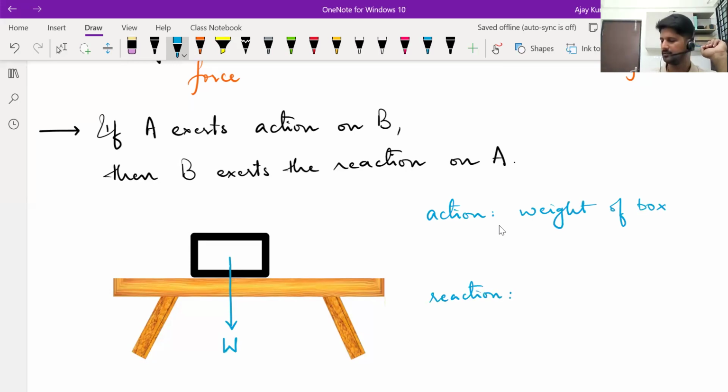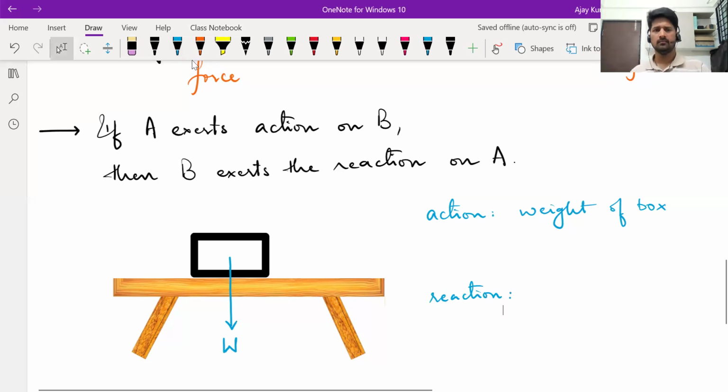Pawan, what are you saying? Sir, normal force. Normal force on the block. Okay. Let us discuss. Venla, what is your answer? What is the reaction to this? You're also saying normal. Okay. Saket, any thoughts on this?